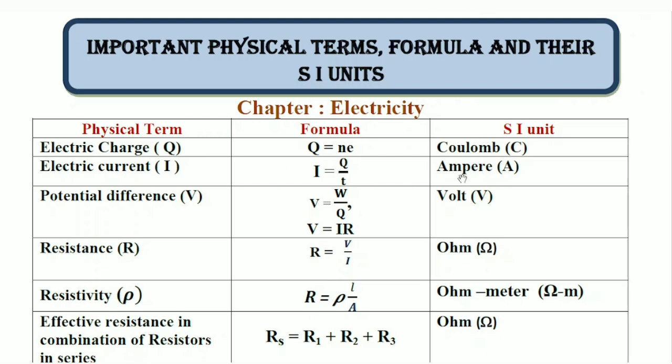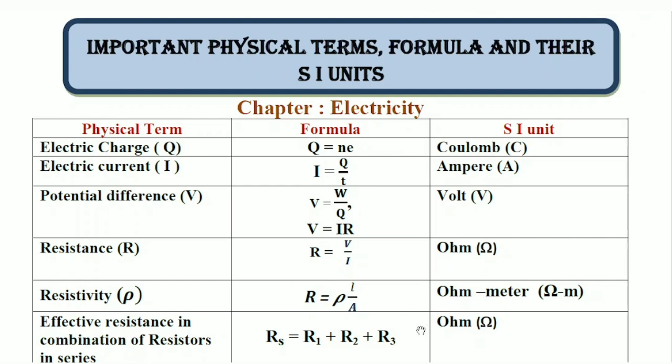Potential difference V equals IR, unit volt. Resistance R equals V by I, SI unit is ohm. Resistivity rho equals R into A by L, SI unit is ohm meter.